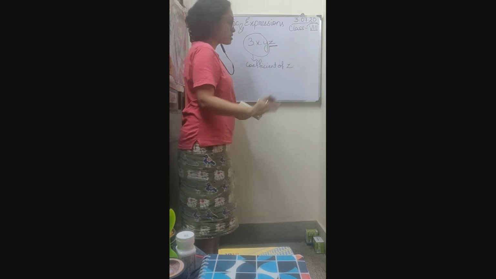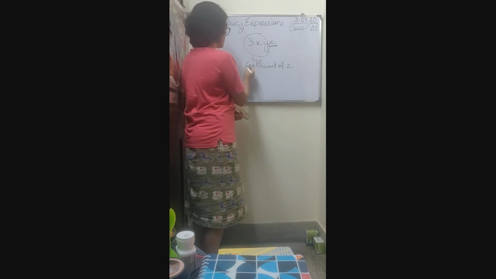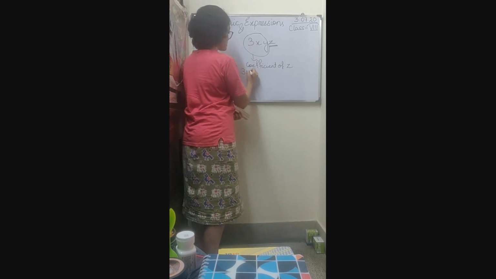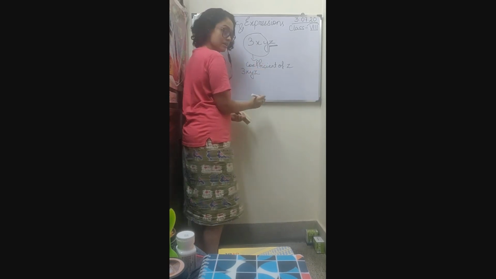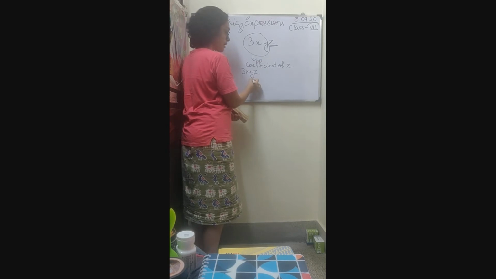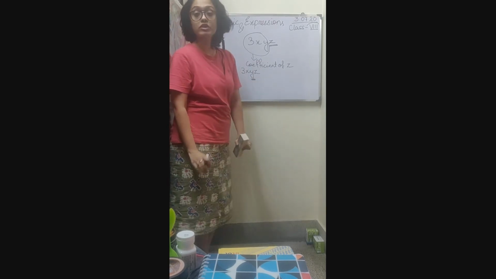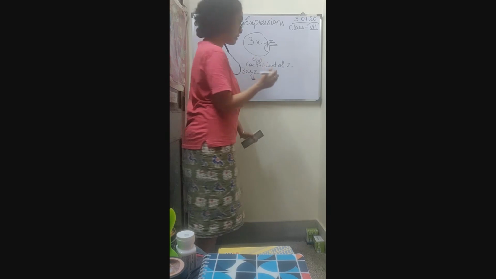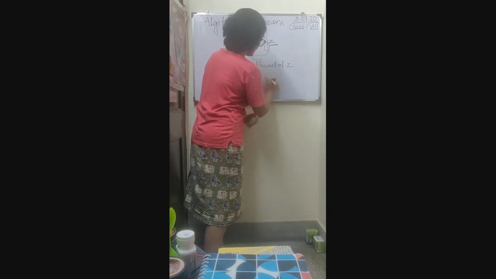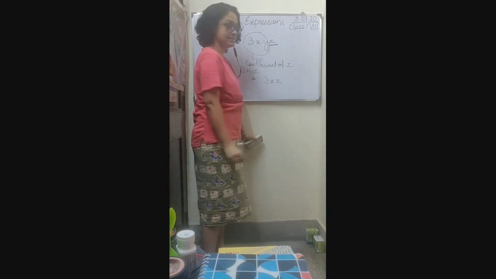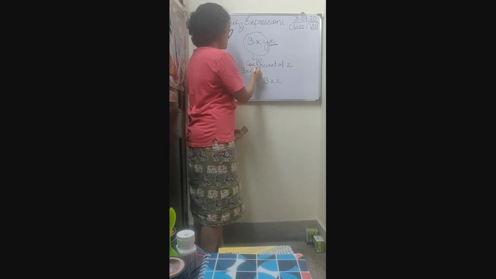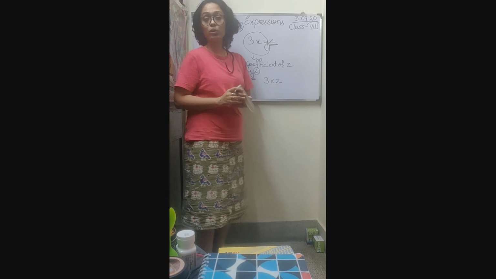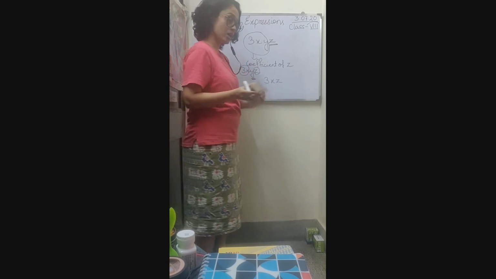Okay? If I write the same thing, 3xyz, and if I consider y, then the coefficient of y will be 3xz. Okay, this 3xz will be the coefficient of y.